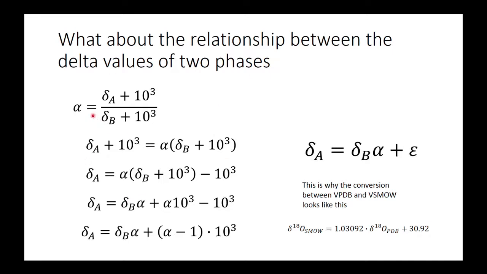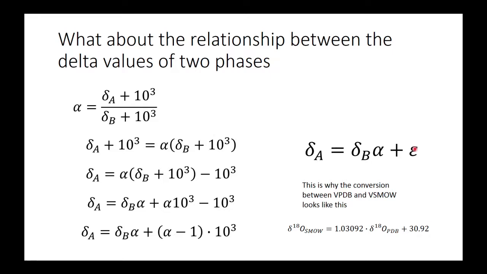All we're doing here is rearranging this equation for alpha, which we derived last week. Rearranging it gives us the delta value of one phase, the delta value of another phase, or in this case one standard and the other standard, expressed just as the fractionation factor and the fractionation factor expressed in this per mil notation.